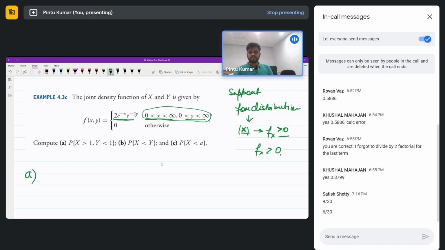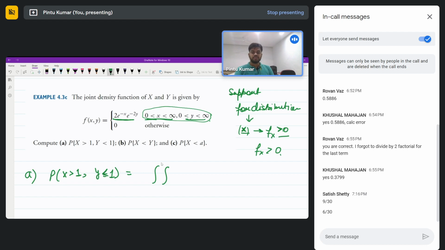So the first part is to calculate the probability that x is greater than 1 and y is less than 1. This is simple, right? You want to calculate the integration of this. So this would be a double integration now. Earlier we had summation with respect to just one variable. Now we have two variables, so we'll have two integrations.